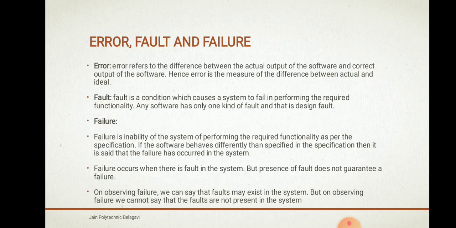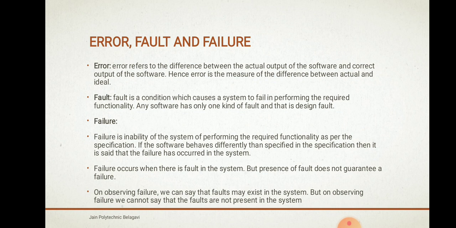Now what is error, fault and failure? Now what is an error? Error refers to the difference between the actual output of the software and the correct output of the software. Hence error is the measure of difference between actual and ideal. Suppose there are two types of outputs, expected as well as actual output.